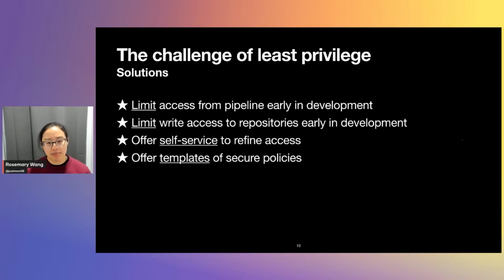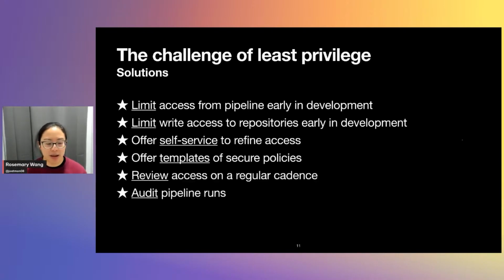The important thing about templates is to have known secure templates, not necessarily the ones that are always the most perfect in security and the most secure ones, but maybe ones that are functional and minimally secure. So offering templates really alleviates that problem.